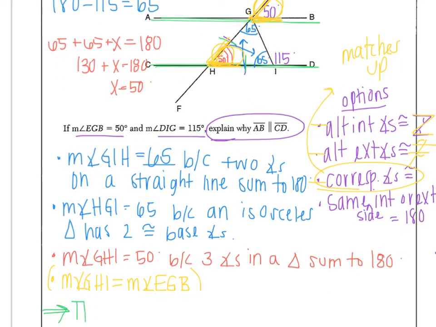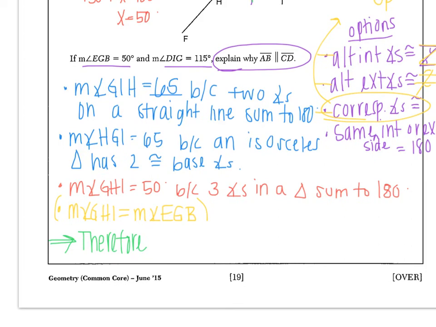So therefore, AB is parallel to CD because corresponding angles are congruent.